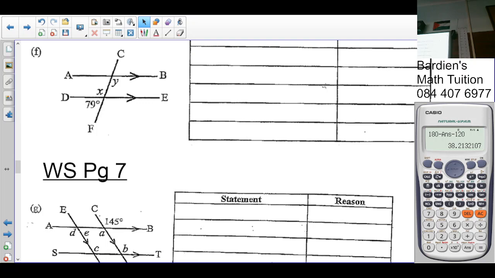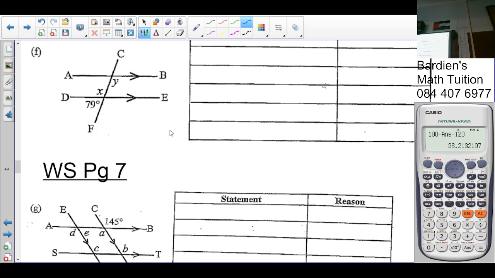You all agree with that? Good to calculate y.